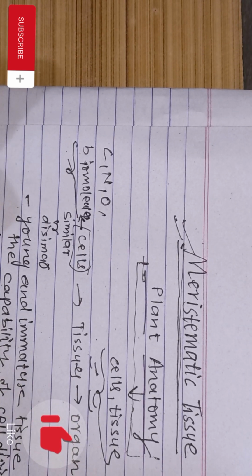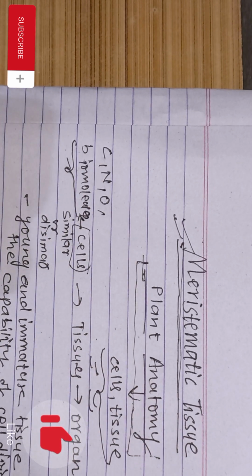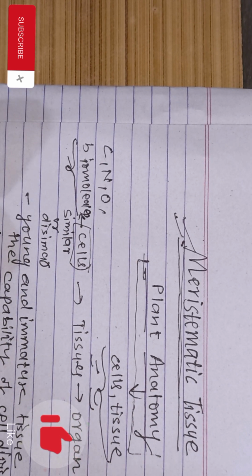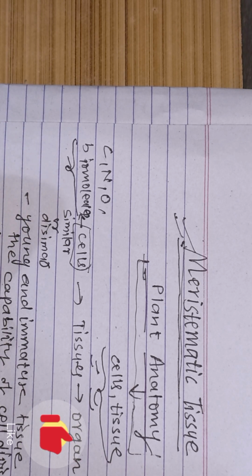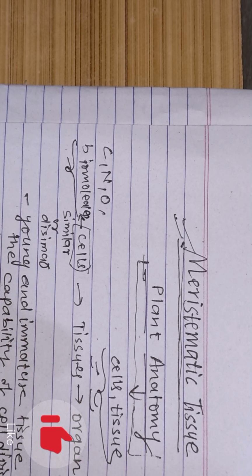Meristematic tissue has the following characteristics. The first characteristic is that they are immature and young.